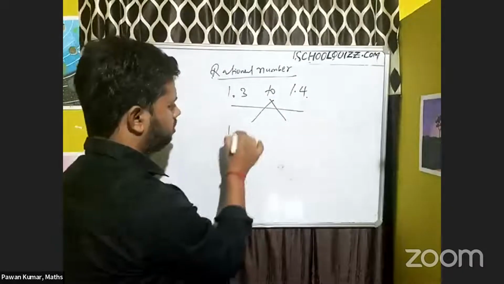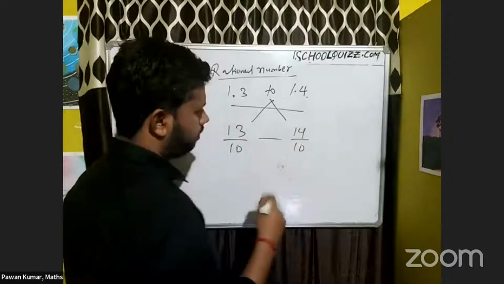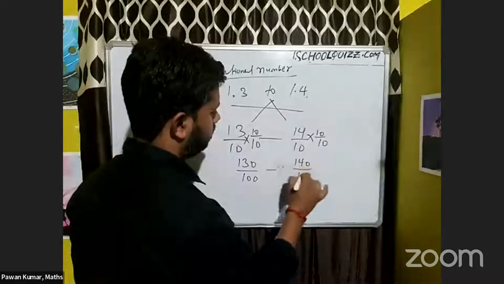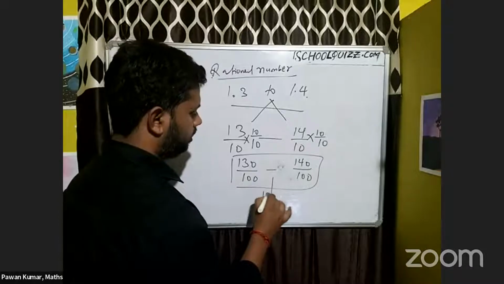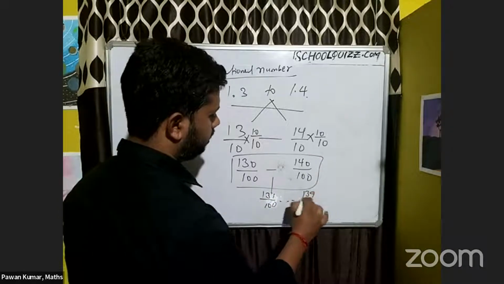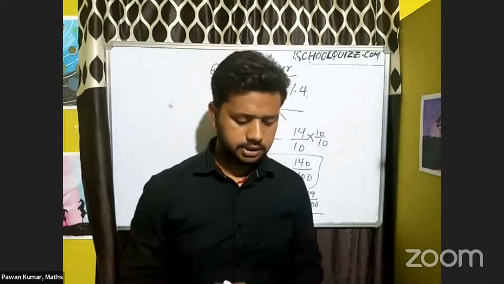Nice. 13 by 10 we can do and 14 by 10 we can do. If you need more, then as I already mentioned, make it 140 by 100. So in between them, 131 by 100 up to 139 by 100, almost 10 numbers are there, correct? Yes, that we can do.